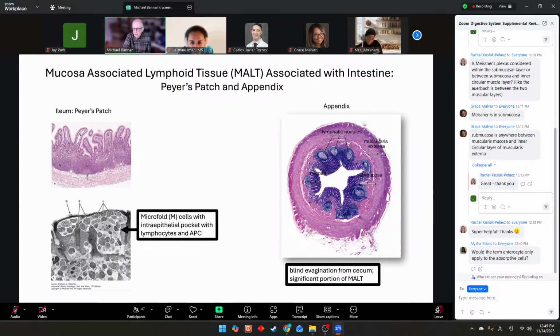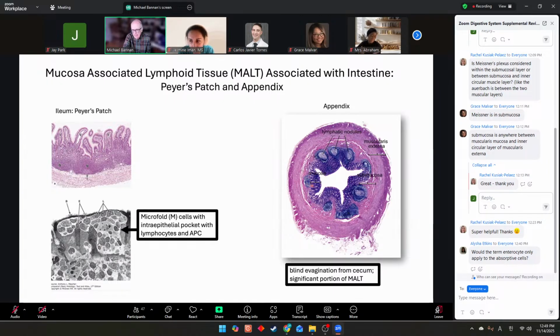Okay? If we look at the structure of the appendix, it's like a mini segment of the intestine. It has a serosa on the very outside, which is here. It has a two-layered muscularis or muscularis externa with an outer longitudinal layer and an inner circumferential layer. It has a submucosa where some of our MALT is located.